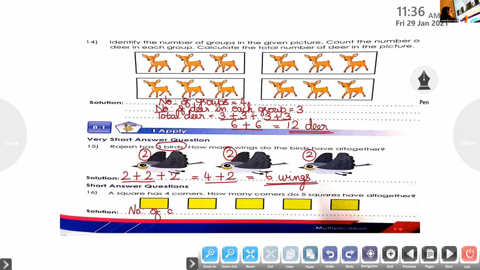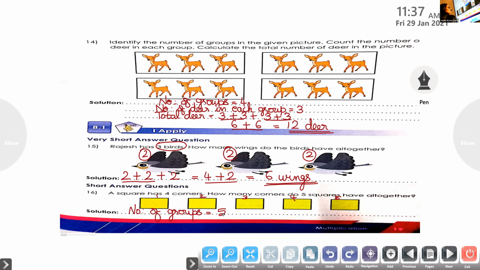Number of groups is equal to 5. 1, 2, 3, 4, 5. 5 squares are there. So number of groups is equal to 5. Okay. Good. Now, space is given for the next statement on the next page.